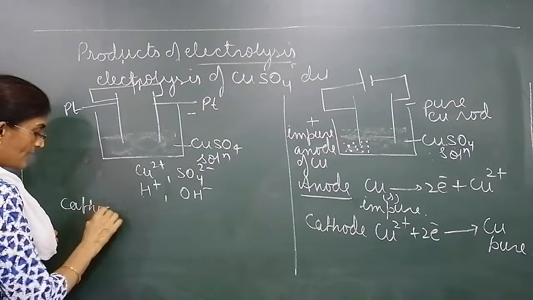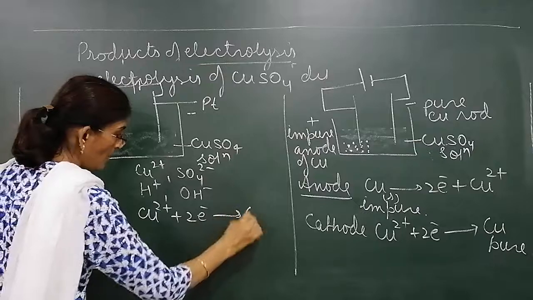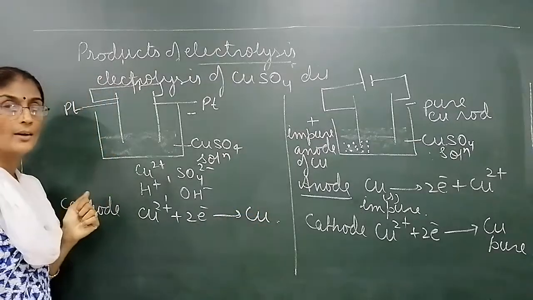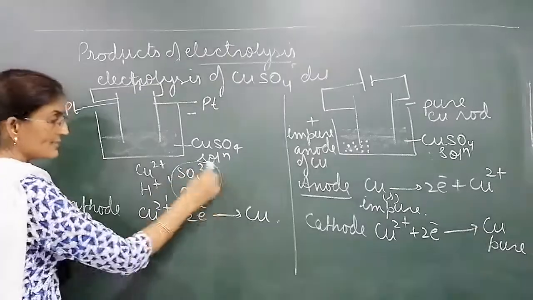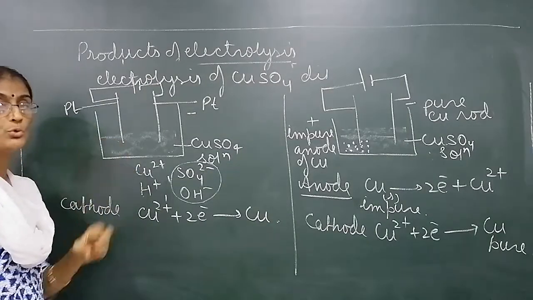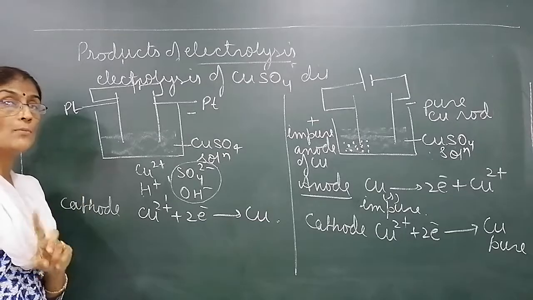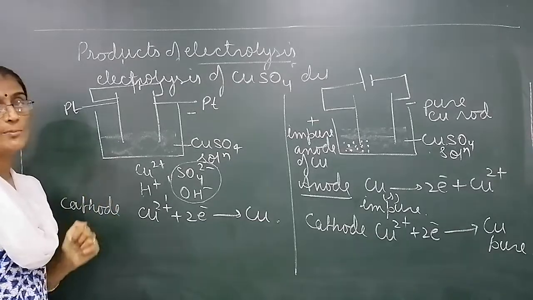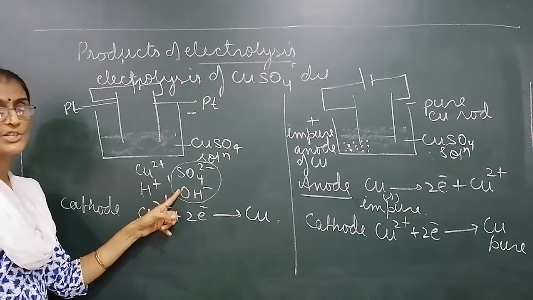So what is the reaction taking place at cathode? Cu2 plus accepts 2 electrons and forms copper. Now what is the reaction taking place at anode? At the anode we have 2 anions. Both of them move towards anode and undergo oxidation, but the one which has more oxidation potential will move. Out of these two, OH minus, from water, has more oxidation potential.